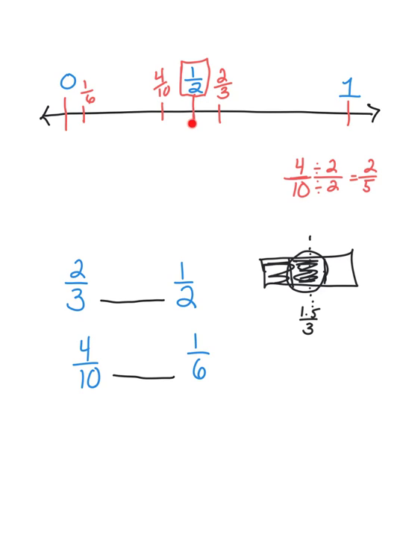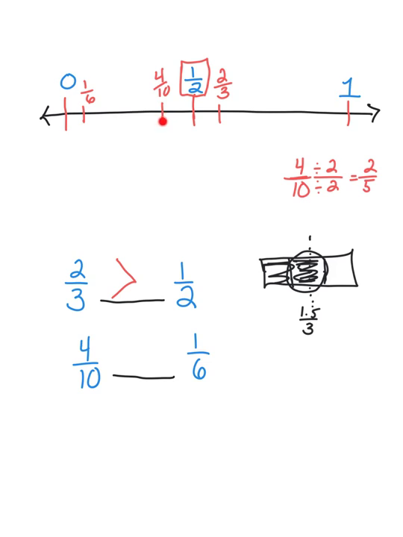Here's our halfway point. 2/3 is a little bit greater than a half. So we would actually place a greater sign facing 2/3. The next one is 4/10. And 4/10 we see is a little less than being a half.